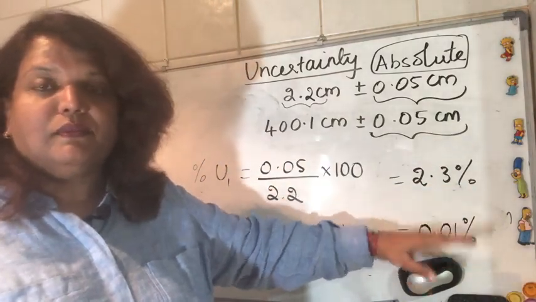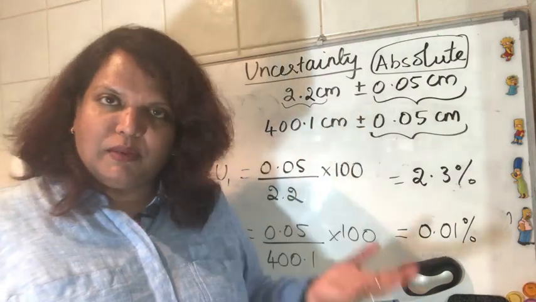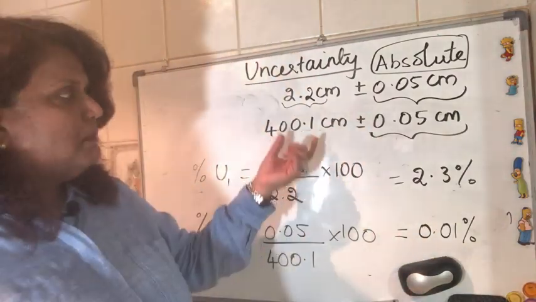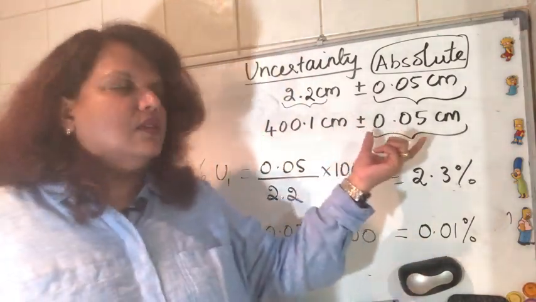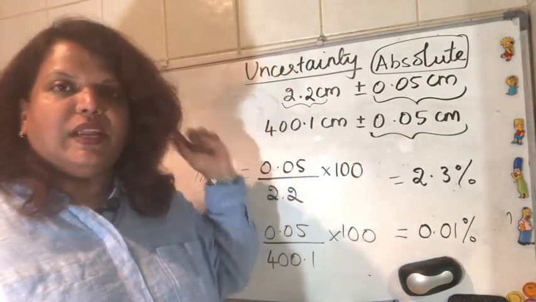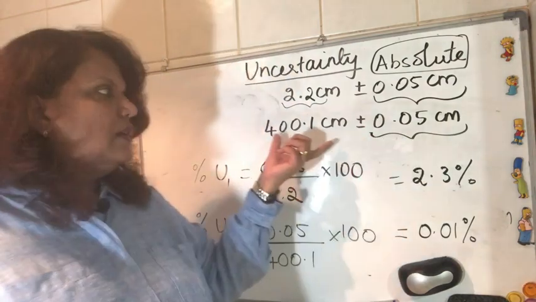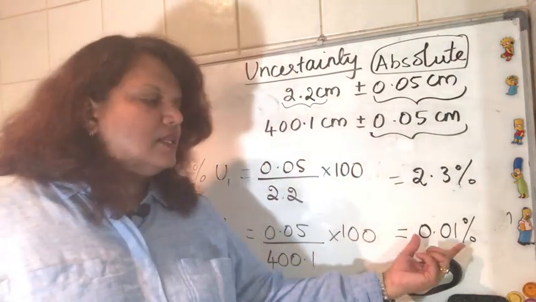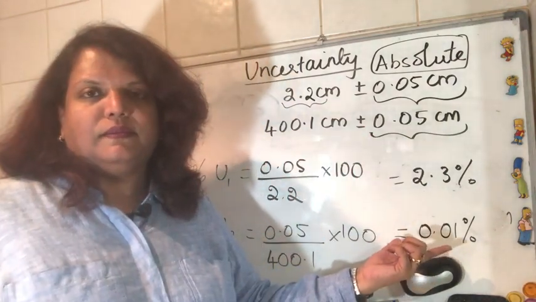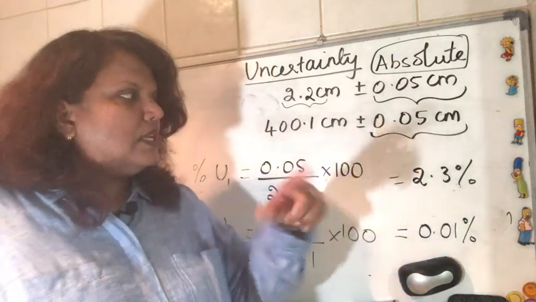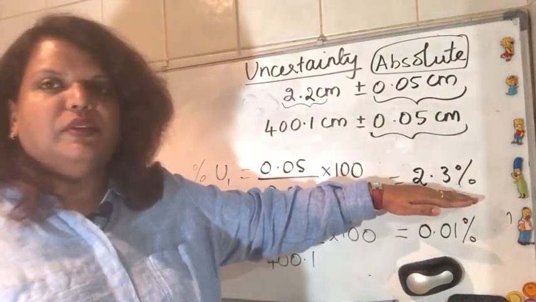Am I right? But both we have used the same instrument. But just because your reading is much greater than your precision or your uncertainty, the overall percentage uncertainty becomes very low. Getting it? So as I told you earlier, already you have got 2.3% in this.